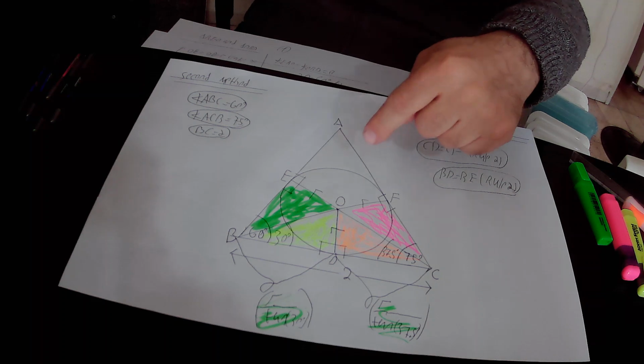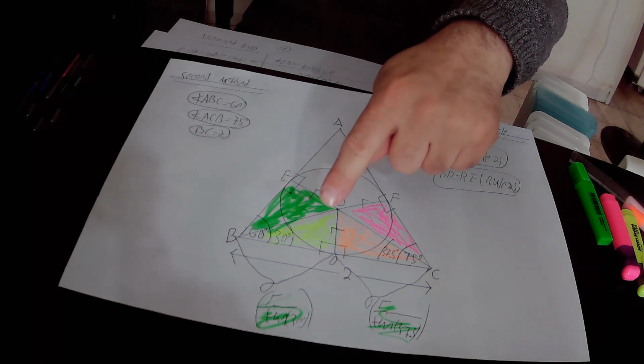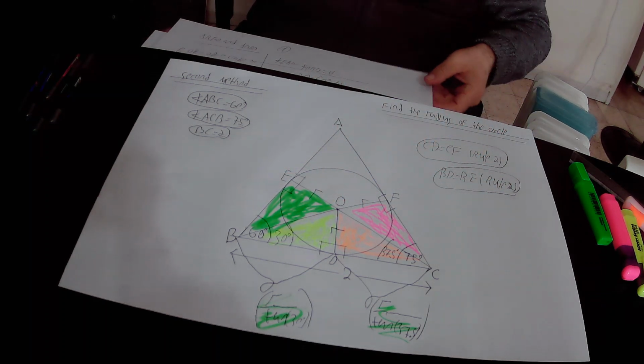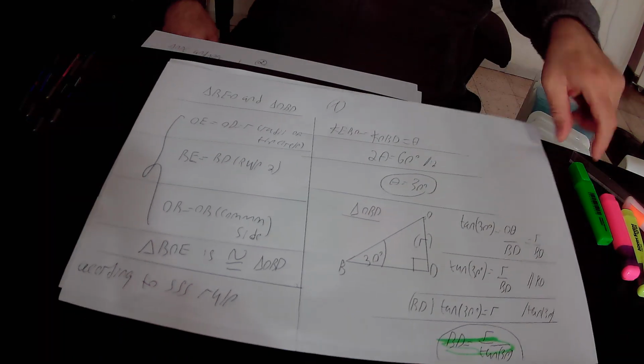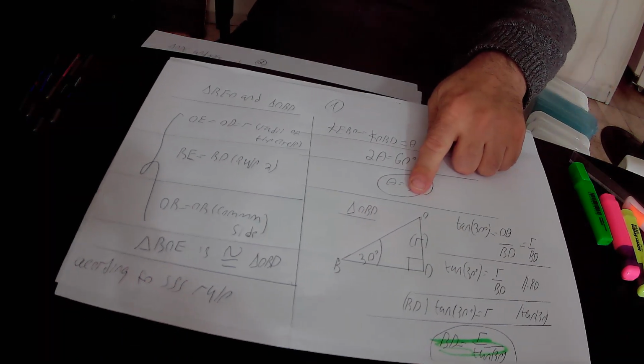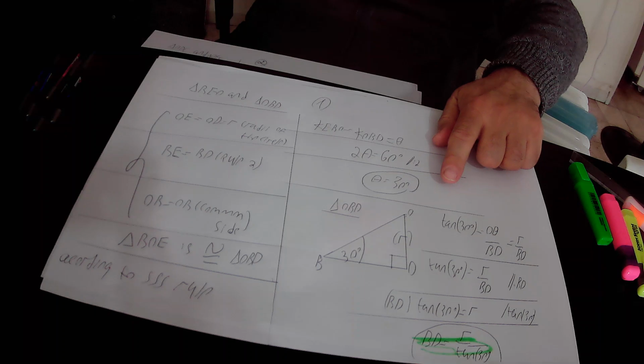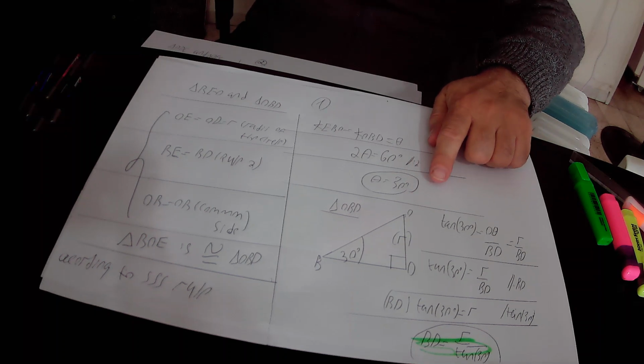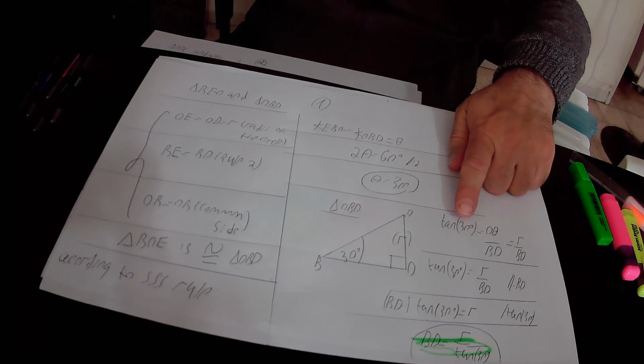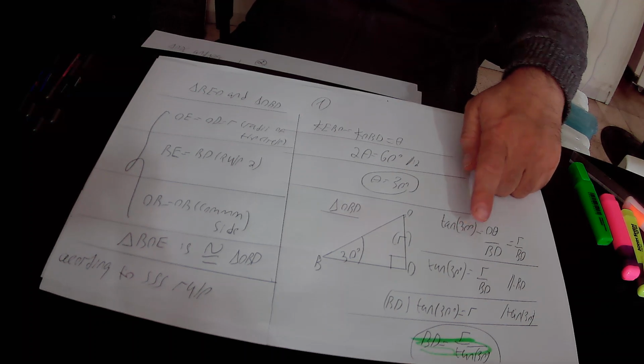Then I copied the right yellow triangle OBD to a new page and we analyze it. This is the right yellow triangle OBD that I copied from the original drawing. In this right triangle OBD, tan 30 degrees equals OD over BD.